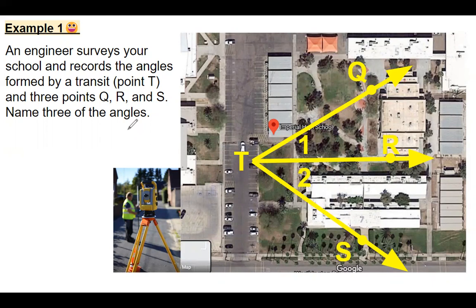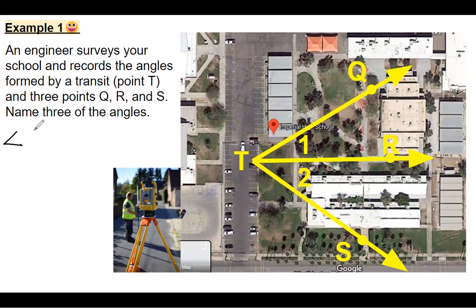So what would be one way to name an angle in this image? So angle QTR. It goes from Q to T to beautiful R. So it's this angle. What's another angle I can name? R, T, and beautiful S. So angle RTS.